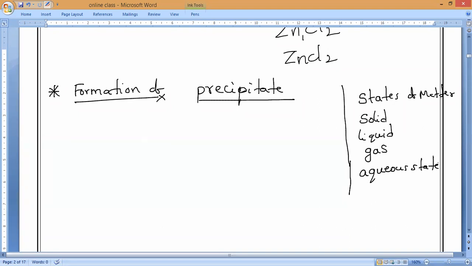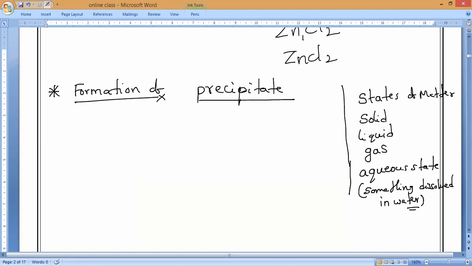Kindly remember, if something is dissolved in water, that is called the aqueous state. Understand, everybody? Please respond. Something dissolved in water is called the aqueous state. Clear, everybody?